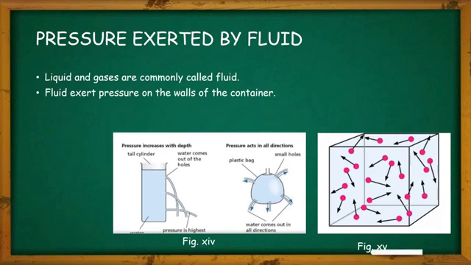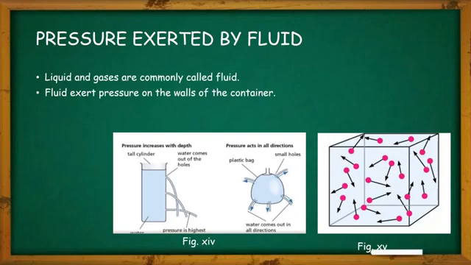Why? Because the water kept inside this bag or this jar is exerting pressure on the walls of the container. When I make a hole, the water tries to rush out of the jar or polythene, because it was kept inside at high pressure.